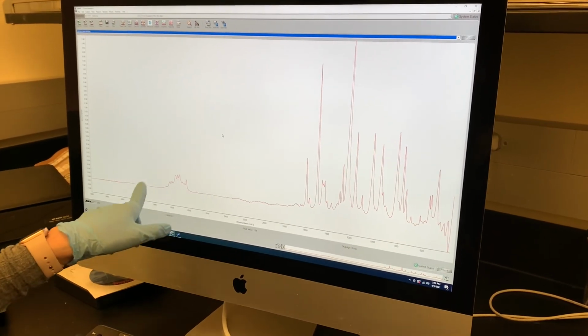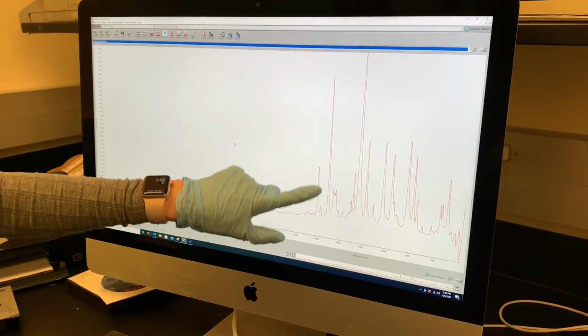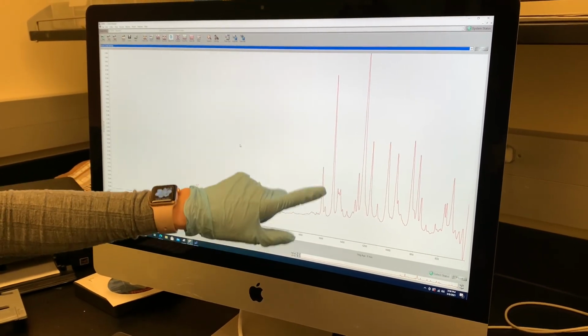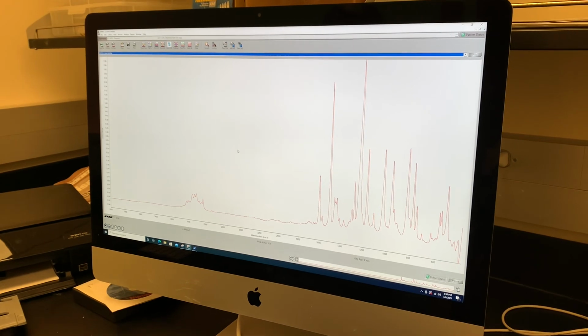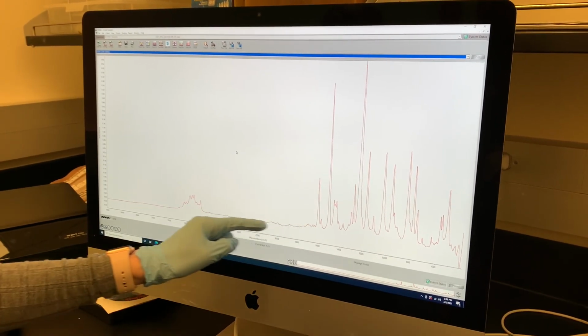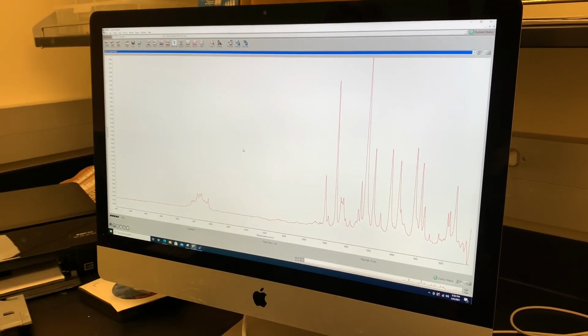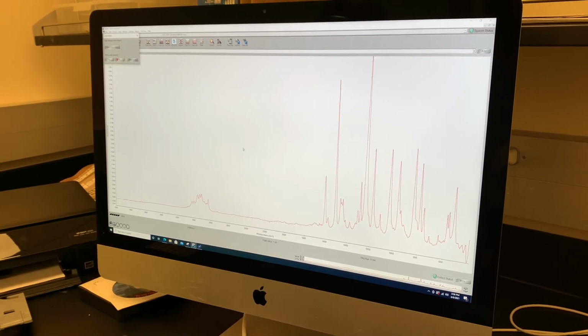So this looks like a benzene ring, and over here there's our carbon-carbon double bonds that we would expect to see in a benzene ring, but not a lot of other stuff going on in this area, like no carbonyl.